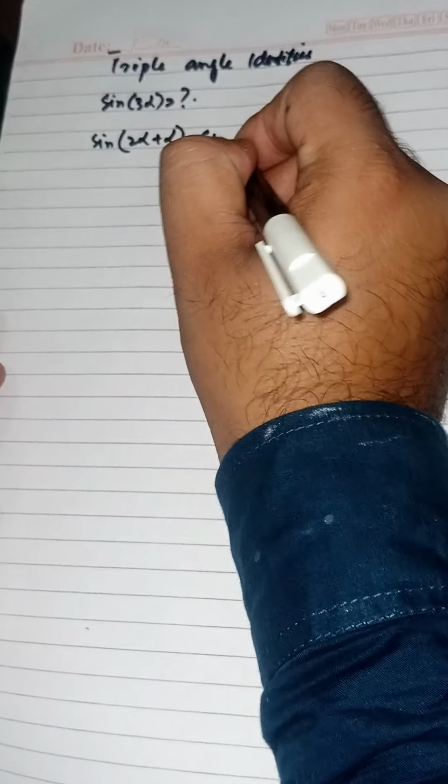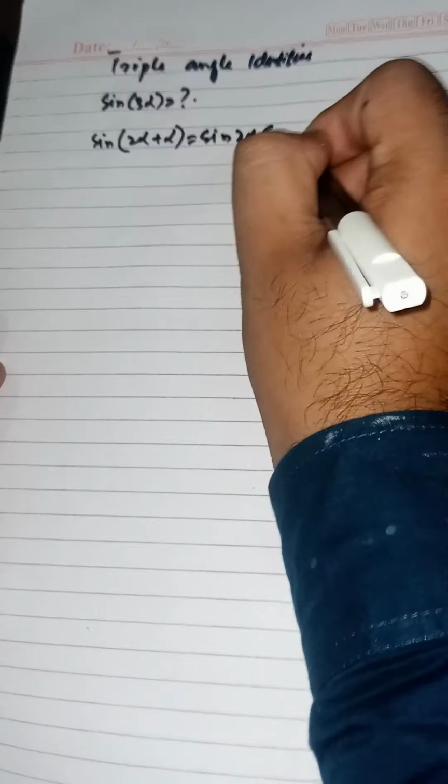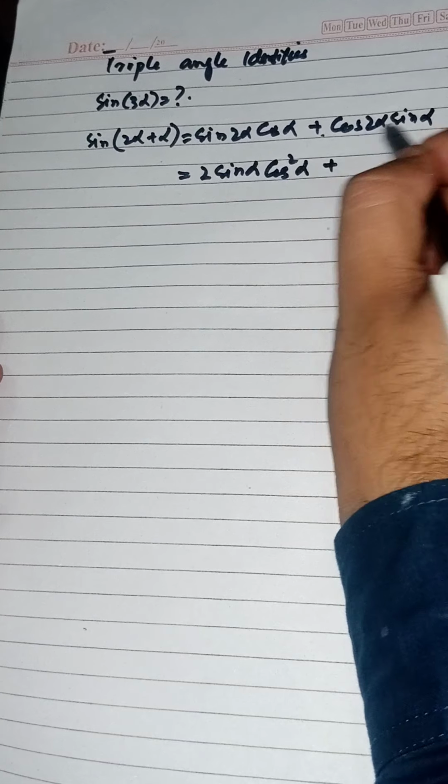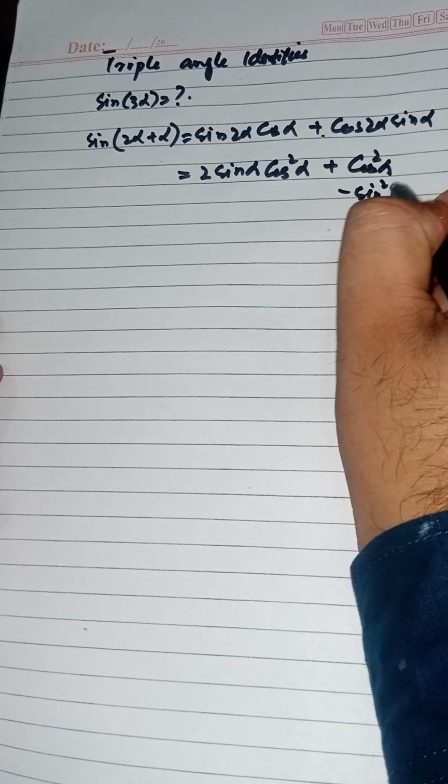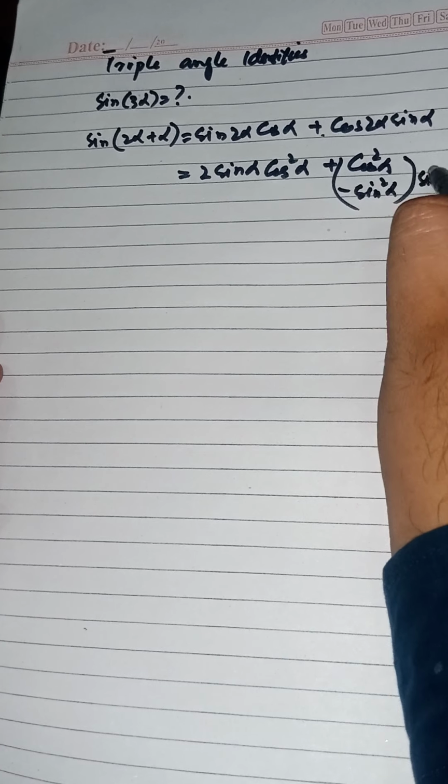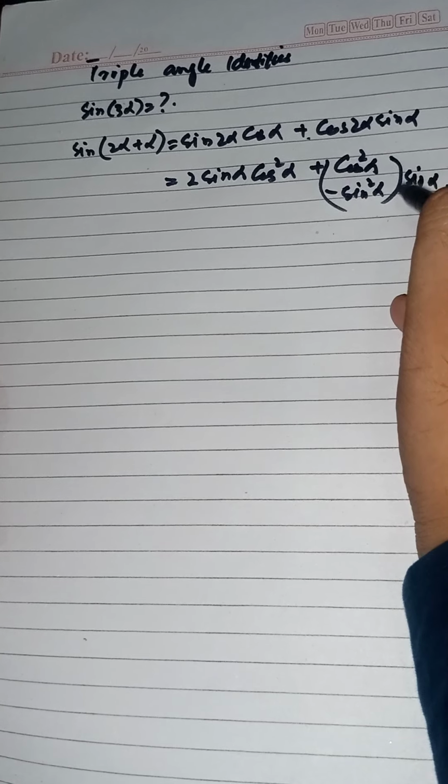So I can write sine of 2 alpha plus alpha is equal to sine 2 alpha cos alpha plus cos 2 alpha sine alpha. Sine 2 alpha is equal to 2 sine alpha cos alpha, with cos alpha it is cos square alpha, plus cos 2 alpha, which is cos square alpha minus sin square alpha, with sin alpha.